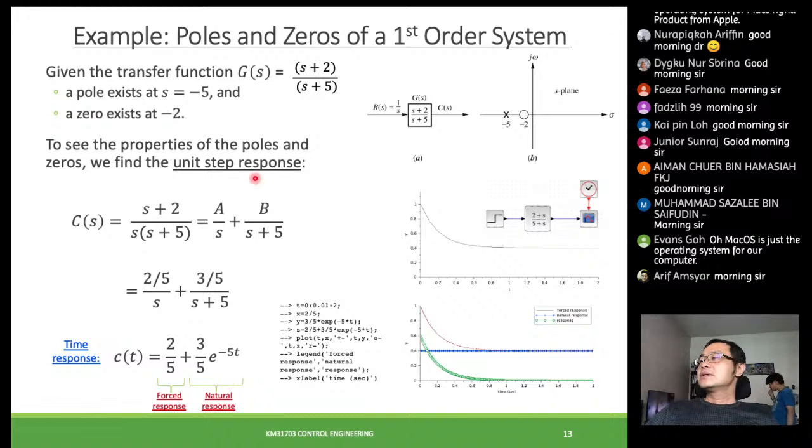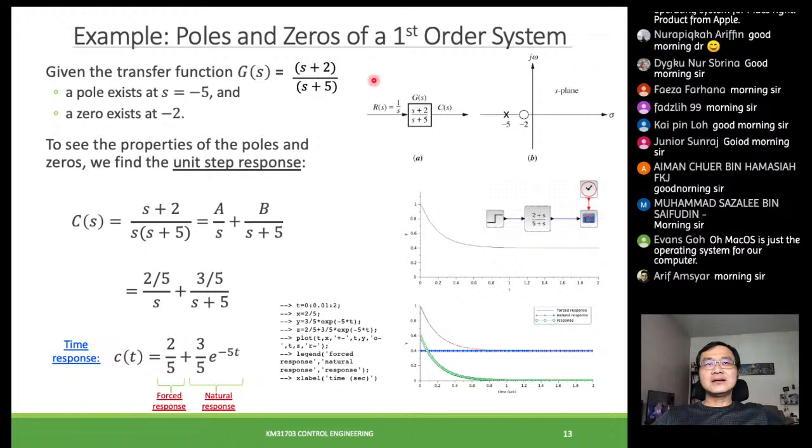So here, let's just take an example of this. We have a simple transfer function of s plus 2 over s plus 5, and if we want to represent that in the S-plane, then we will draw it in this way, right? Immediately we know the pole is -5 and the zero is -2, and we know that this transfer function is subjected to a step input. Remember, for a step input, the value will be 1 over s.